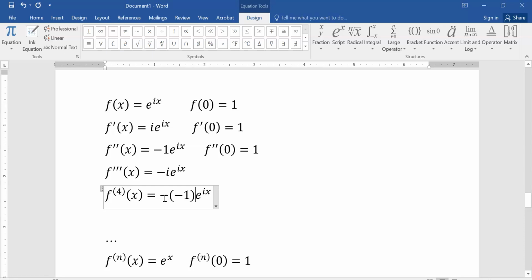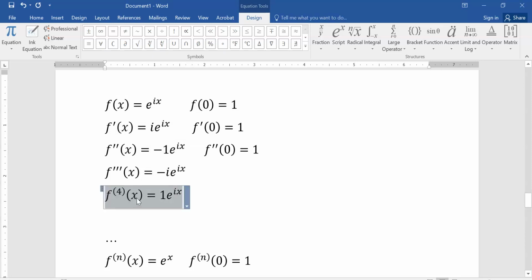Negative 1 times a negative of negative 1, or the opposite of negative 1, is just a positive 1. So I don't have to write anything. Notice where I got. I got back to my original function. My original function is just e to the ix. I ended up, after I took a fourth derivative, getting back to my original function.